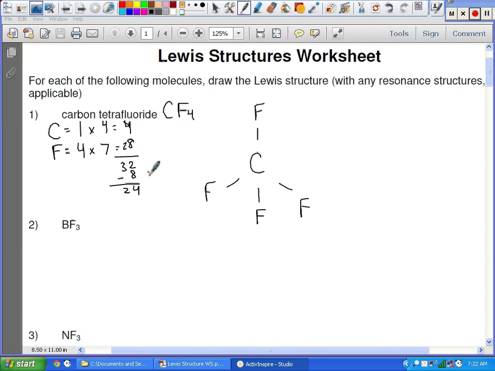So I can start labeling 2, 4, 6, 8, 10, 12, 14, 16, 18, 20, 22, 24. Good news is I'm completely out of electrons, so my structure is complete, as long as everybody has its full octet. You can count them if you want, but I can tell you that every element has its full octet. So that is the structure that you're going to have to draw.